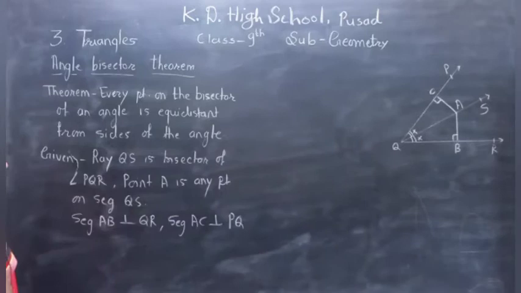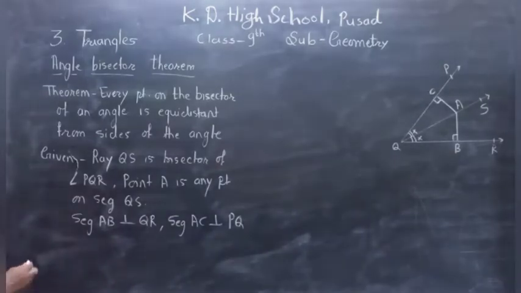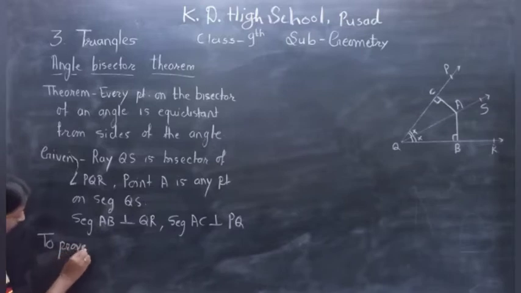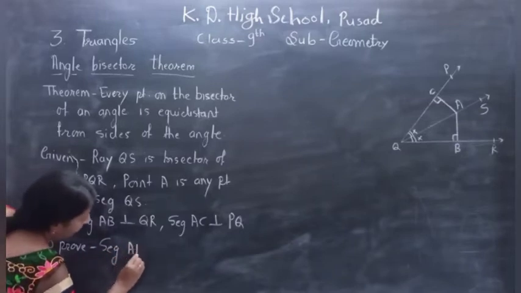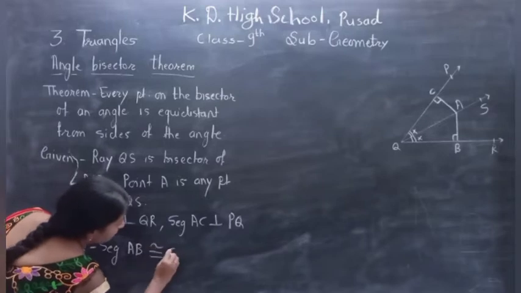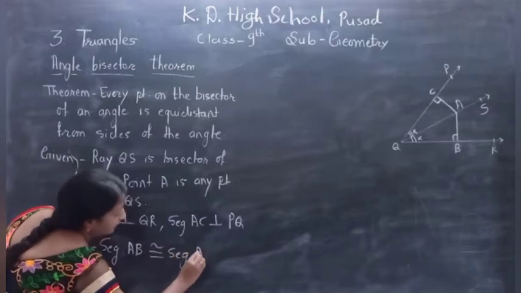Okay. Now what we have to prove? We have to prove that segment AB congruent to segment AC.